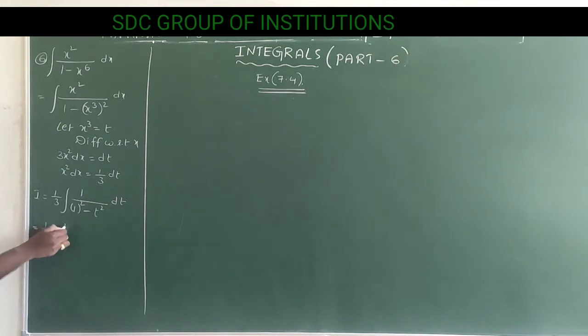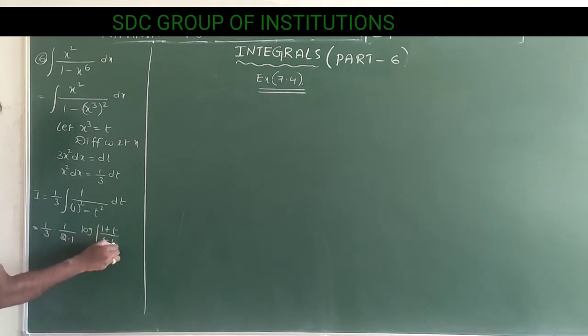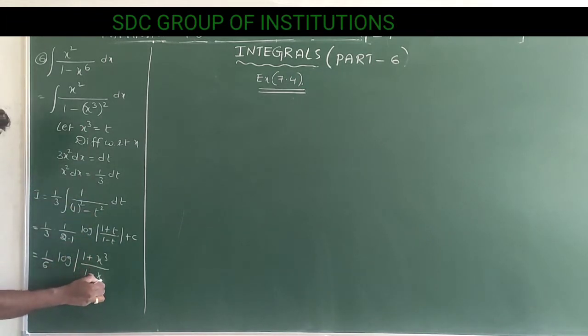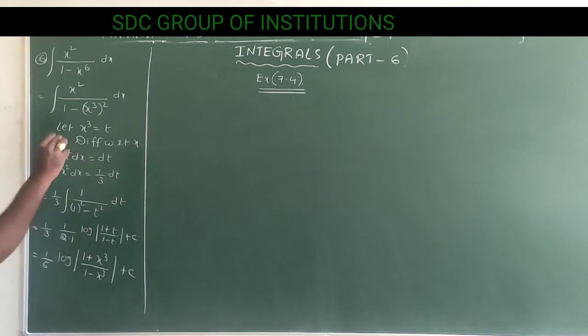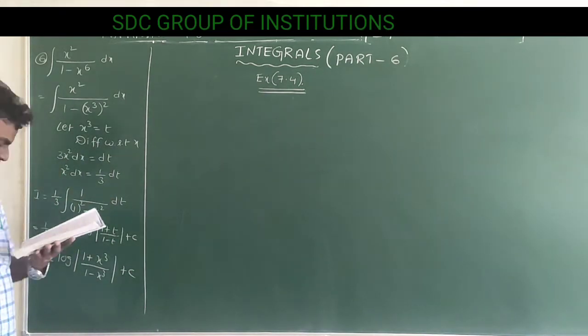That is nothing but 1 by 2a log mod (a plus x) by (a minus x) plus c. That is nothing but 1 by 6 log mod (1 plus t) by (1 minus t), that is (1 plus x cube) by (1 minus x cube) plus c is the answer.